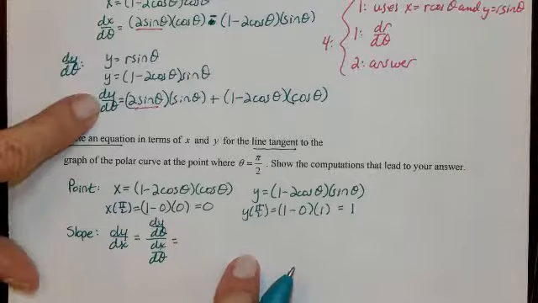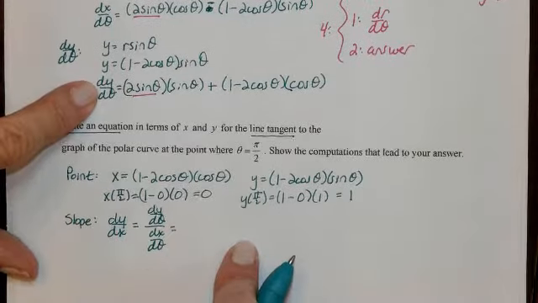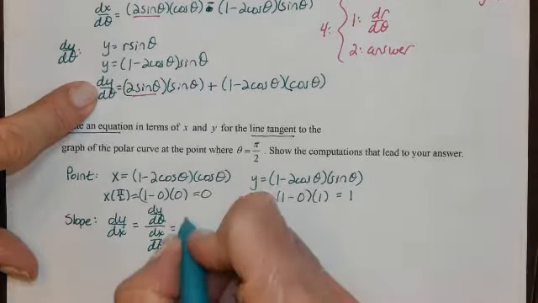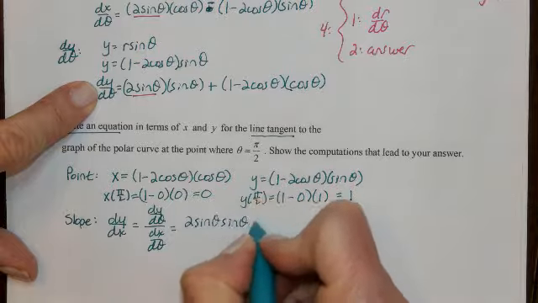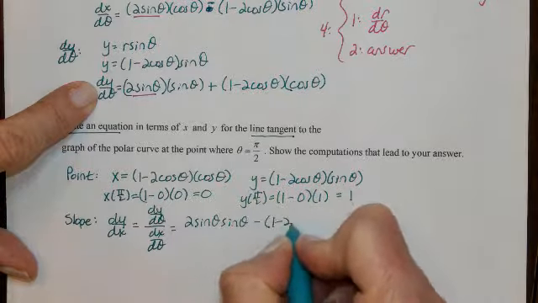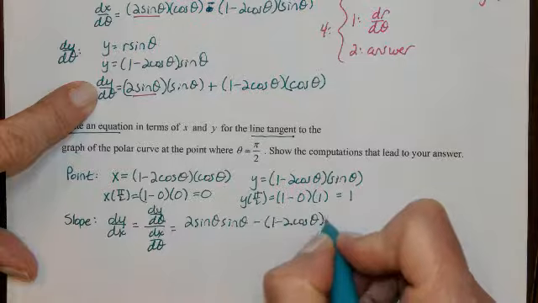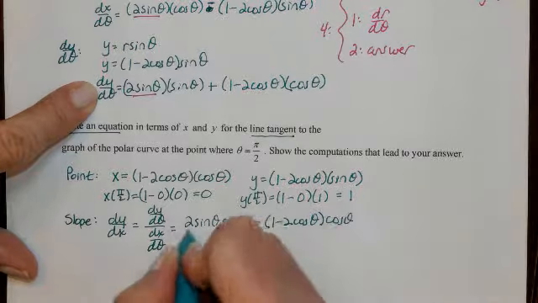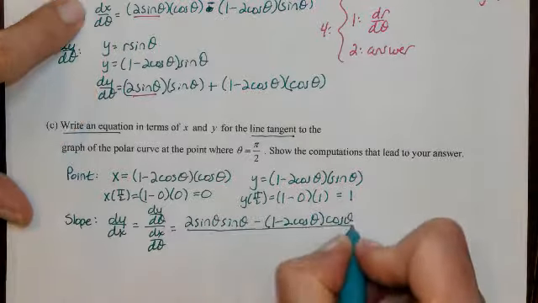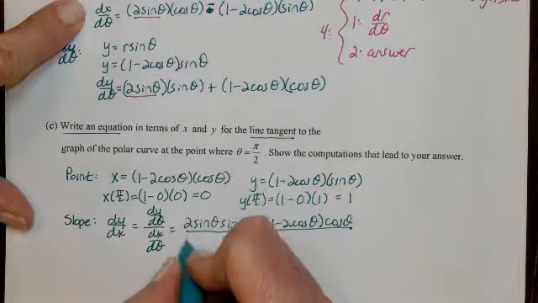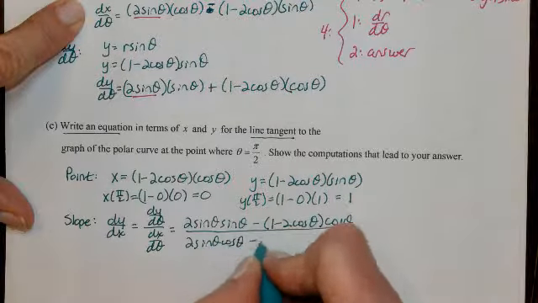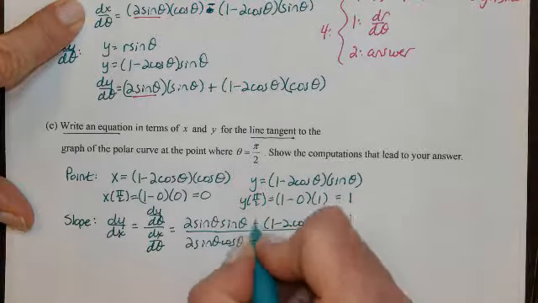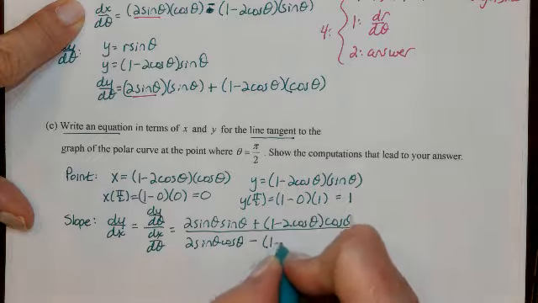So dy d theta is here. Go ahead and copy that down. And dx d theta is right here. Oops, that was a plus up there, sorry.